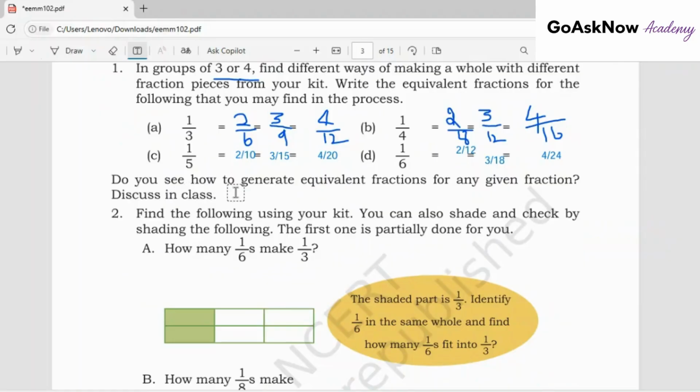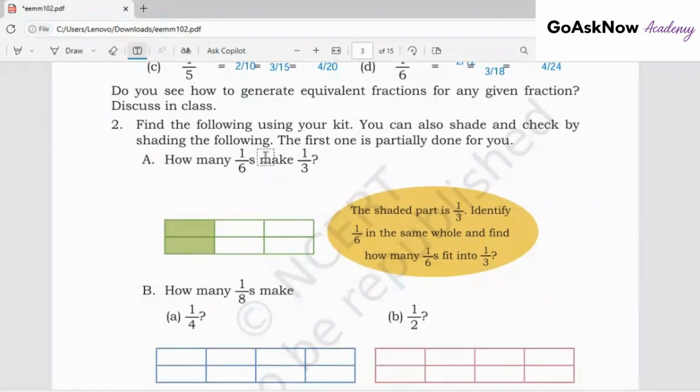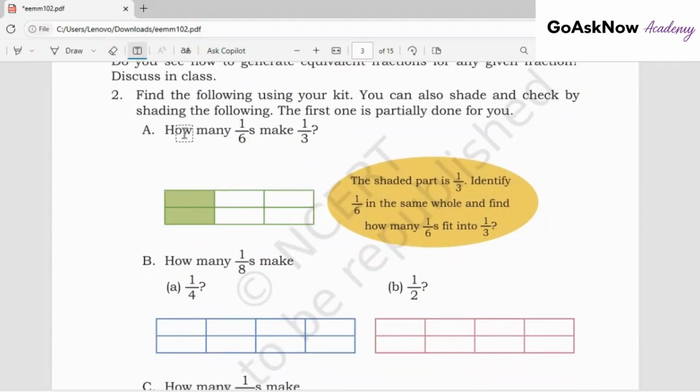Do you see how to generate equivalent fractions for a given fraction? Discuss it in your class. Then the second question: find the following using your kit. You can also share and check by shading. The first one is partially done for you, and we have to recheck it. How many 1 by 6 make 1 by 3?